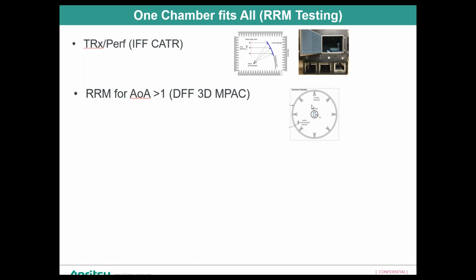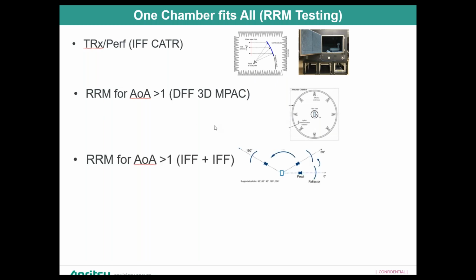Plus, a customer would not want to use 2 different solutions, one for TRX performance testing and another for RRM angle of arrival greater than 1, right? This is going to be a very expensive solution. Another solution, which is also expensive, is to have a mixture of indirect far field and indirect far field.